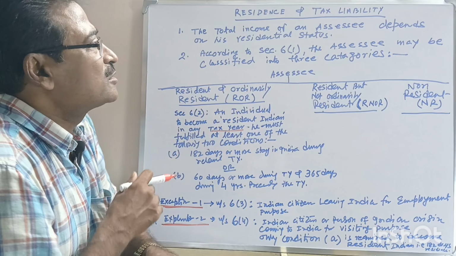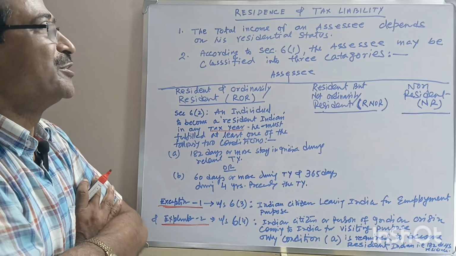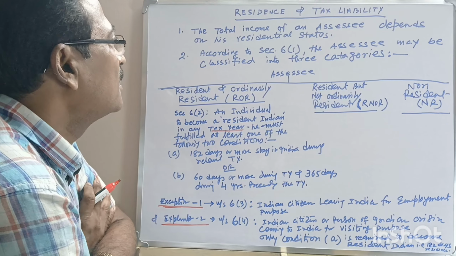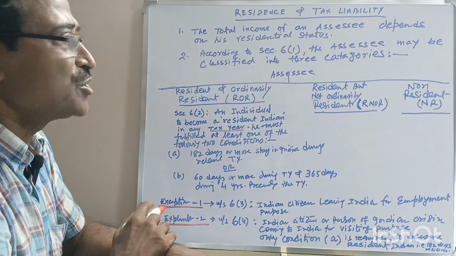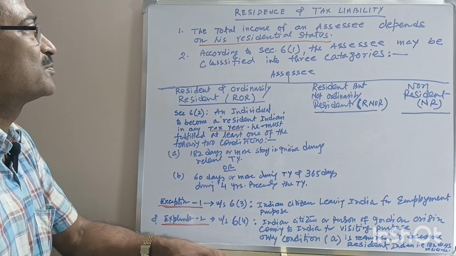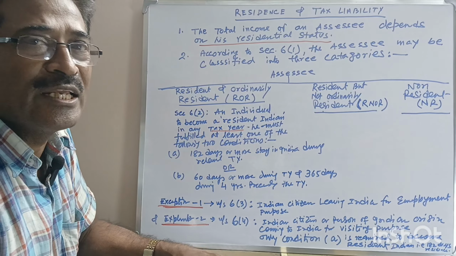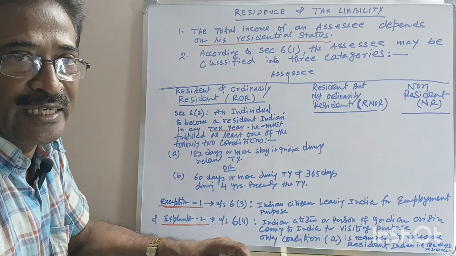Let us start with today's topic, residence and tax liability. The total income of an assessee depends on his residential status. I repeat, the total income of an assessee depends on his residential status.